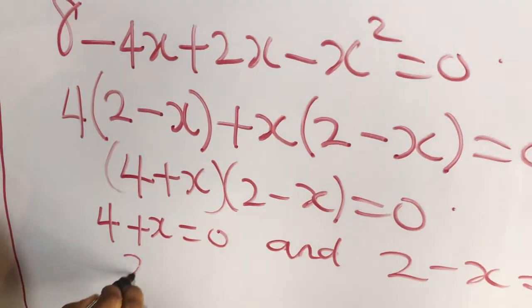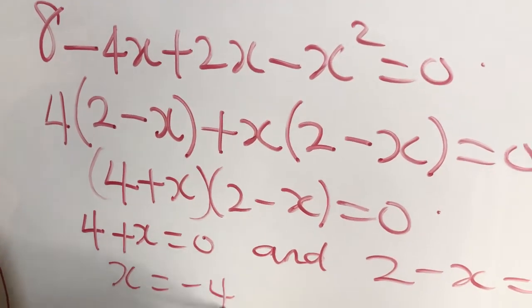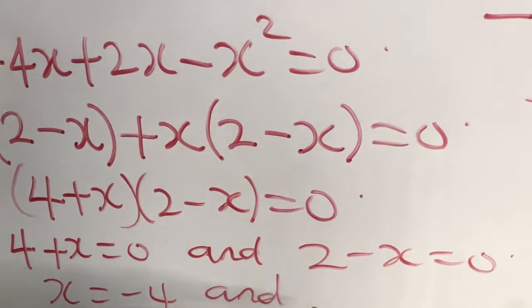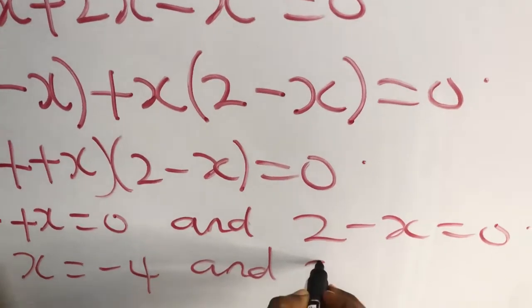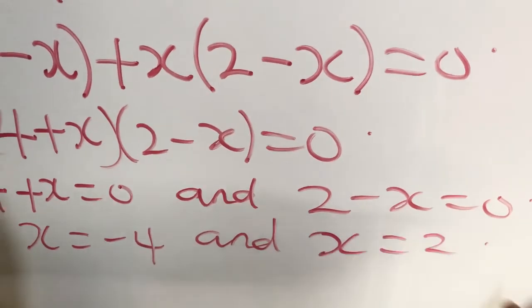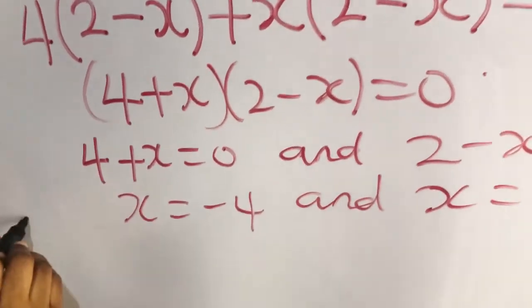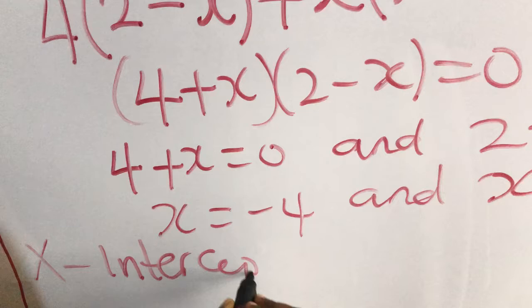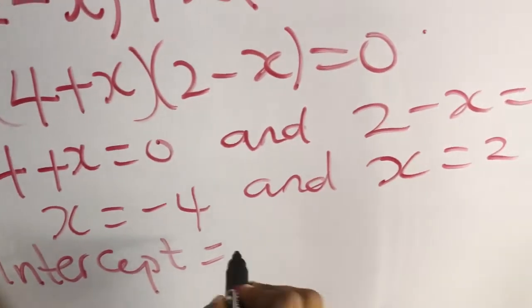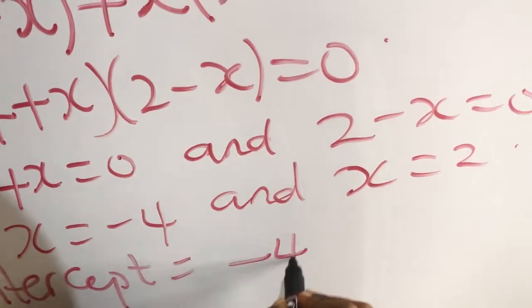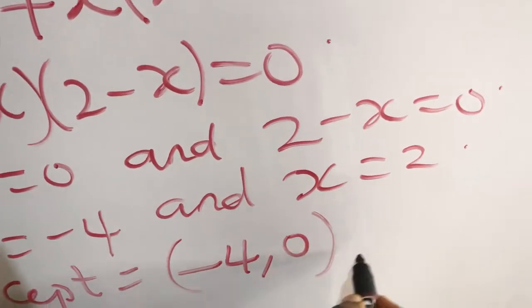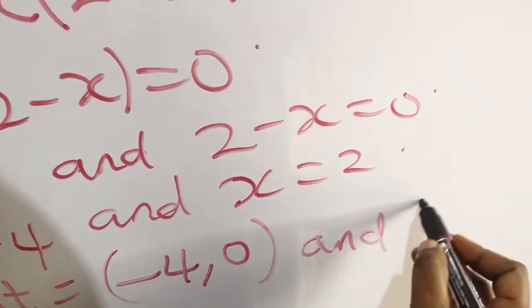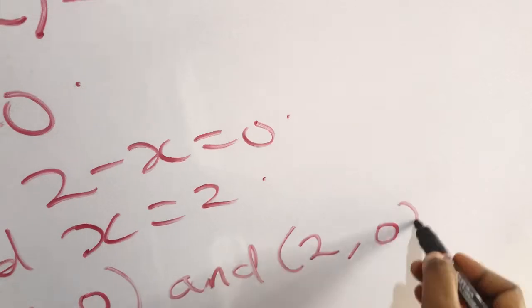So x will be equal to minus 4. Then x will be equal to 2. So the x-intercepts will be minus 4, 0 and 2, 0.